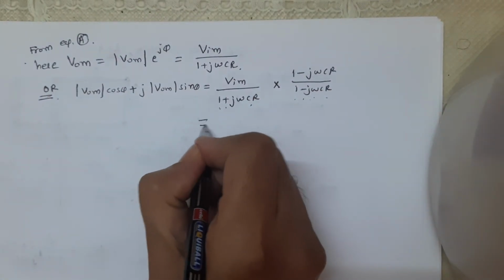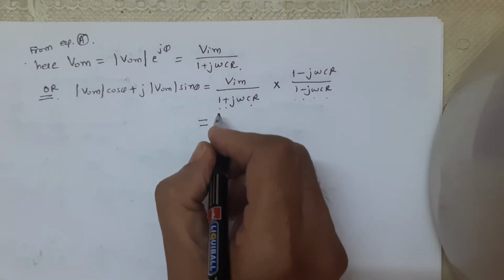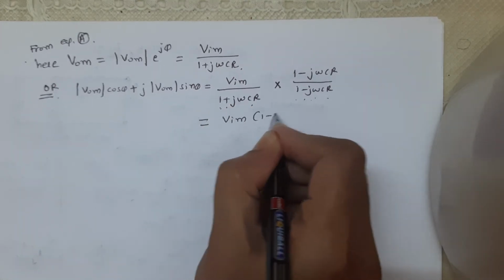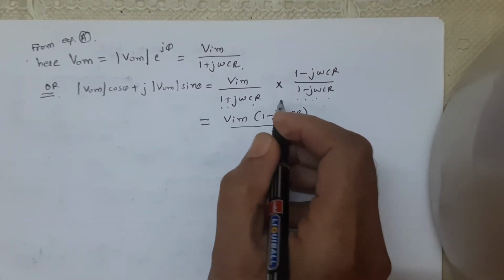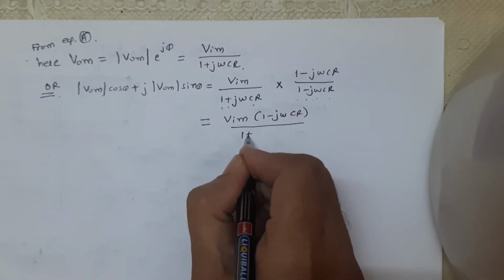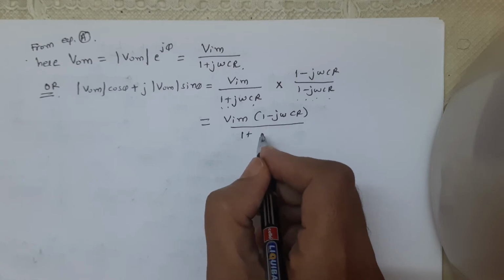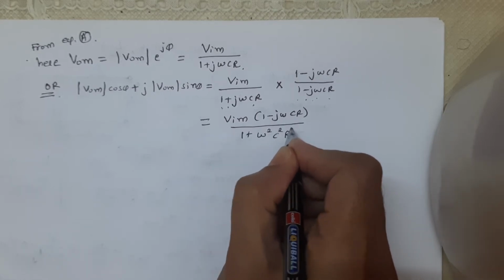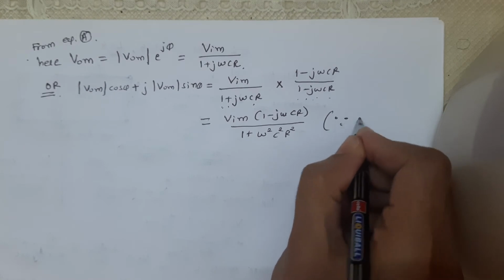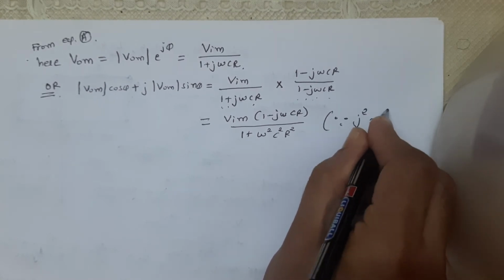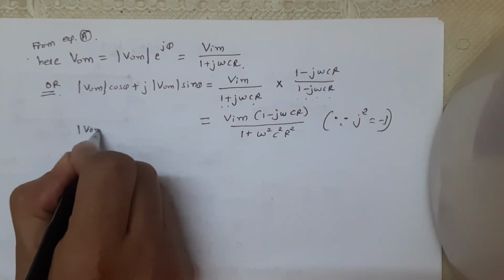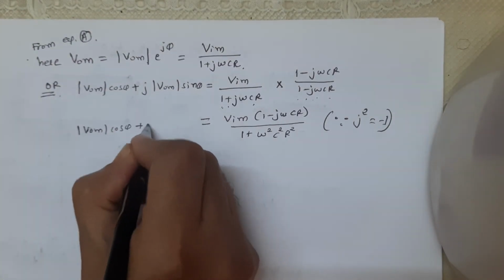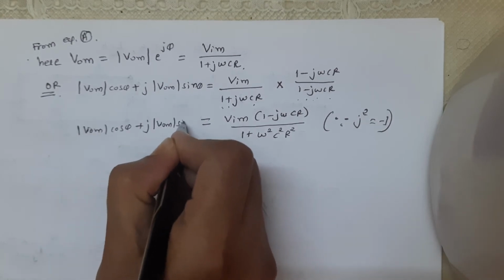So we can write the final equation as Vim into 1 minus j omega CR divided by 1 plus omega squared C squared R squared, because we know that j squared is equal to minus 1, and this is equal to modulus of Vom cos theta plus j modulus of Vom sin theta.